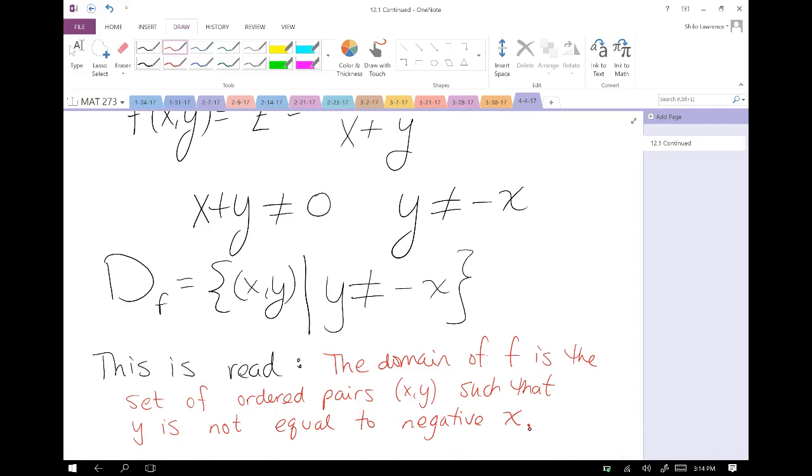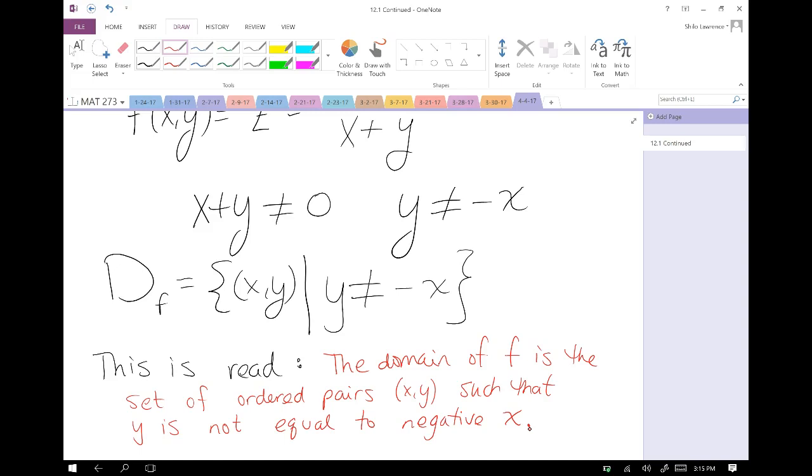And then after the vertical line, we say what the restrictions are. This is called set builder notation. So this is read, the domain of f is the set of ordered pairs x, y such that y is not equal to negative x. We would never write these domains in interval notation the way that we did in algebra. It's always going to be a relationship.